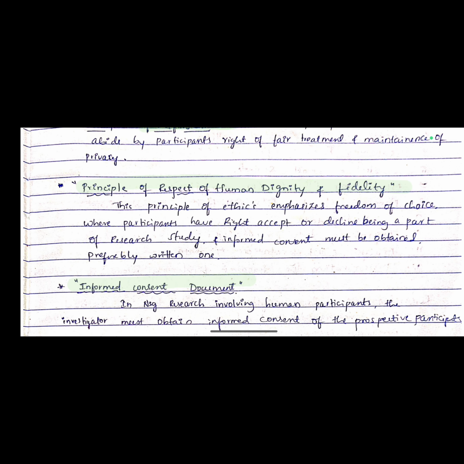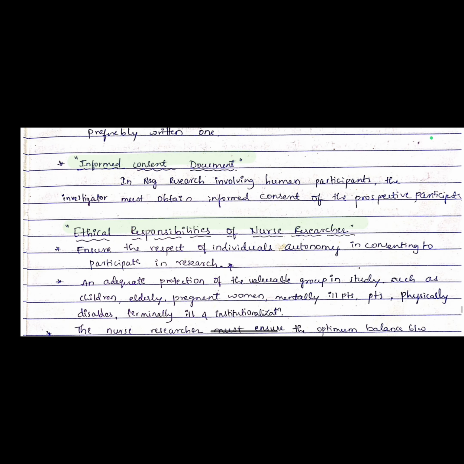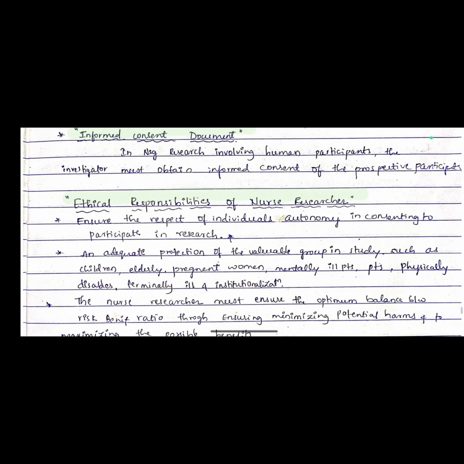Principle of respect for human dignity and fidelity: this principle emphasizes freedom of choice, where participants have the right to accept or decline being a part of the research study, and informed consent must be obtained, preferably written.